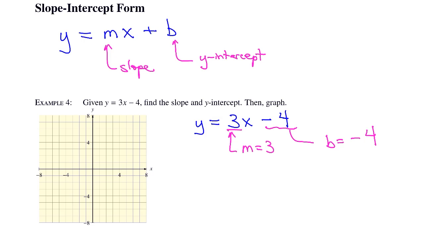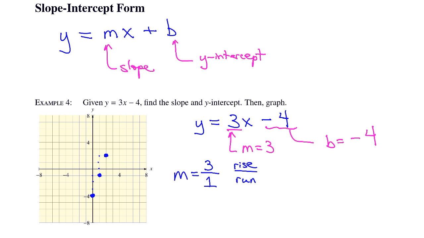Finally, we want to make the graph y equals 3x minus 4. To do this, start with the y-intercept at negative 4. Remember that the y-intercept is the point on the y-axis that the graph goes through. And then the slope is equal to 3. You can think of that as 3 over 1, which gives us the rise over run. So from negative 4, we're going to go up 3, 1, 2, 3, and then over 1, and then up 3, 1, 2, 3, and over 1, run 1.